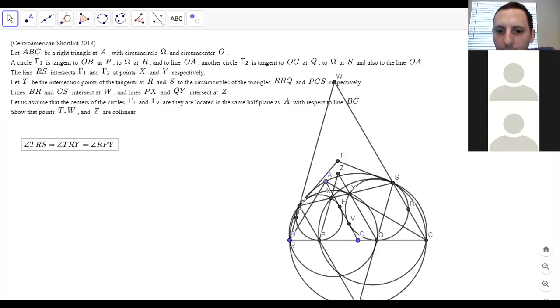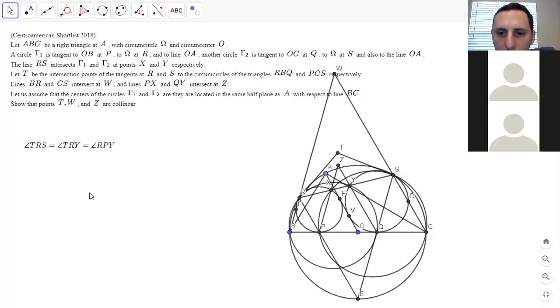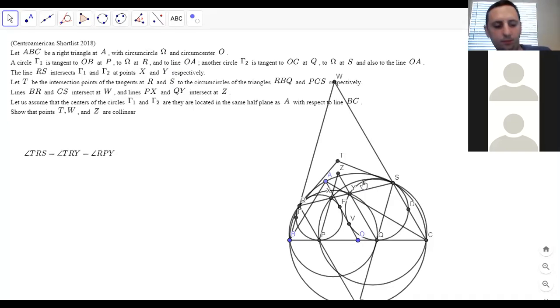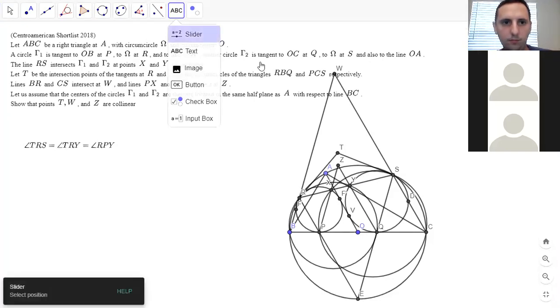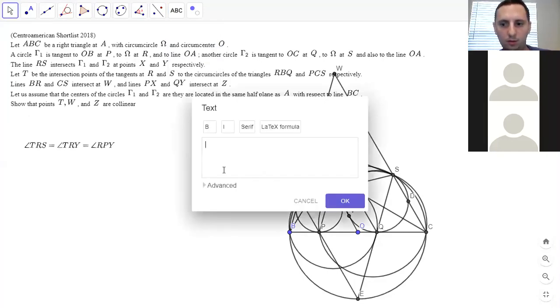But for PXYQ, you did the angle chase, so I'm just going to write it out. So PXYQ is cyclic.